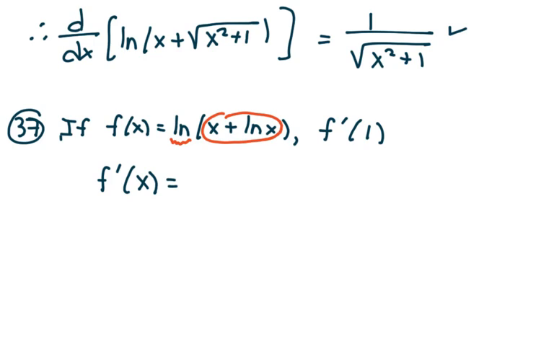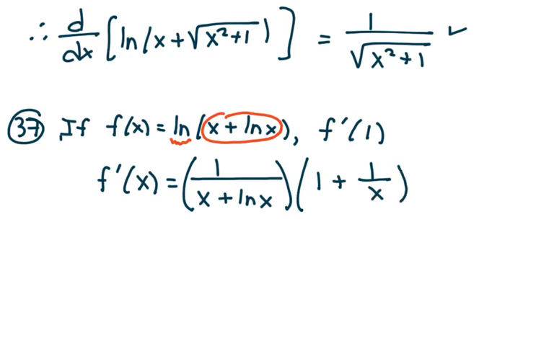Now, f prime of x is 1 over x plus the natural log of x times the derivative of the inside function, which is 1 plus 1 over x. Okay. Now, what I would do is just plug in x equal 1 directly.